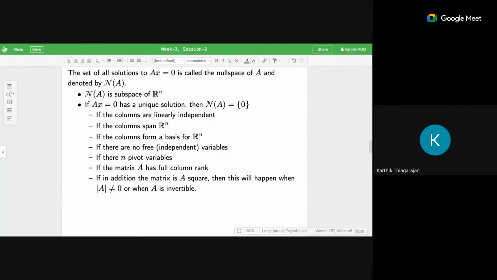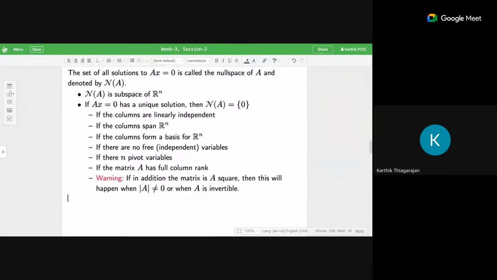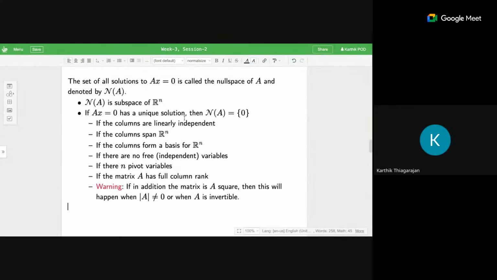So there are many things, but there is a warning, and this is an important thing. Usually, you have this tendency to directly think about things as square matrices. Whenever you look at Ax equal to b, the immediate tendency is to say A inverse b, or A inverse 0. Please avoid that tendency. The matrix is very rarely a square matrix; most of the time it's rectangular.